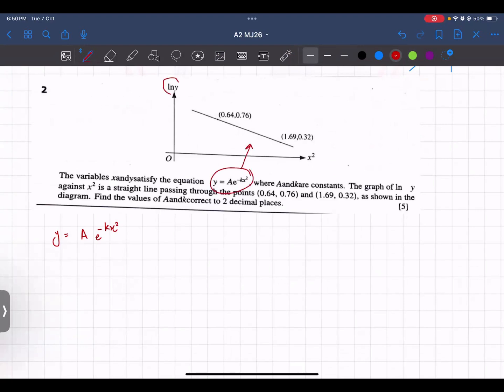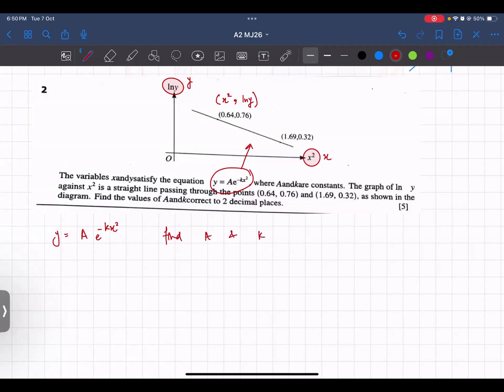But on your y-axis, you can see it is ln y, and on your x-axis, it is not x, it is x squared. They have given you 2 points on this graph as well. The points also represent not x comma y, but x squared comma ln y. And then they're asking you to get the values of the unknowns, A and k. Find A and k.